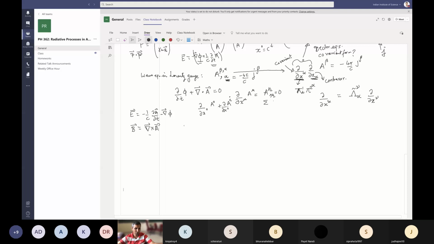So you can actually write in terms of things like these type of operators, dou by dou x nu A mu.